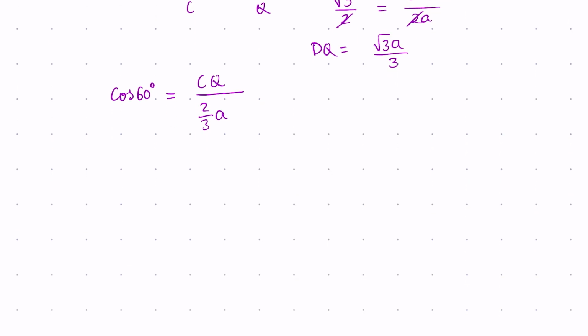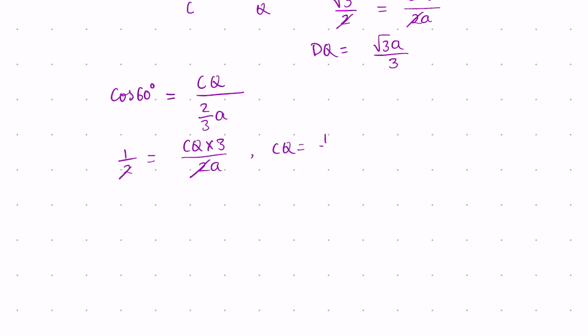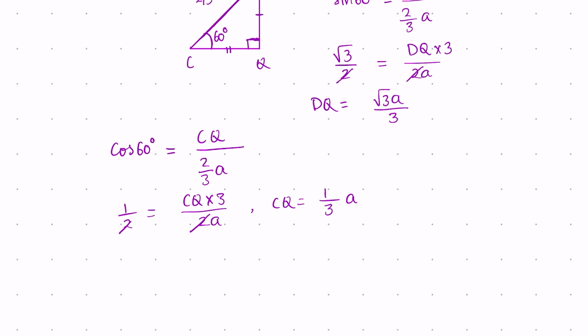Cos 60 is 1 by 2, right? So 1 by 2 is equal to CQ times 3 divided by 2a, so this gets cancelled, therefore CQ is 1 by 3a. Okay, so we have DQ and CQ now.